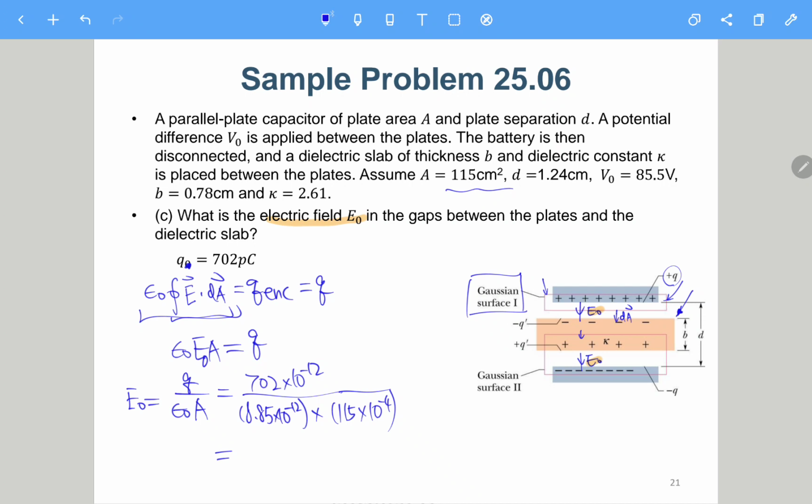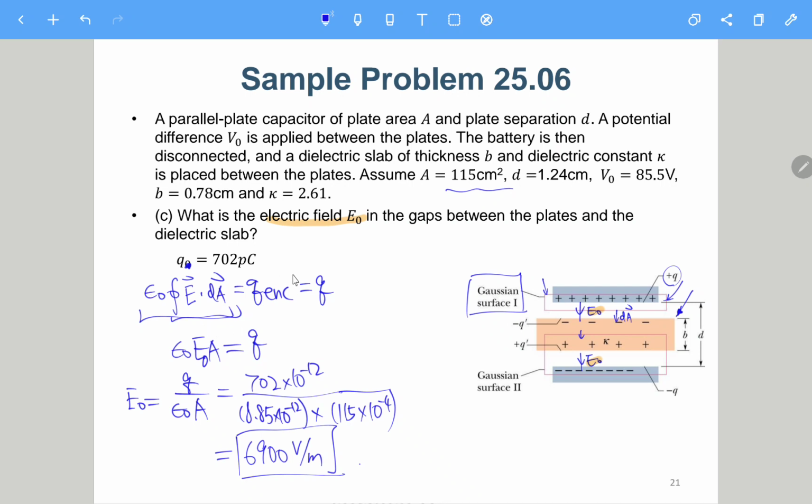So this number is 6,900 volt per meter. This is not difficult.